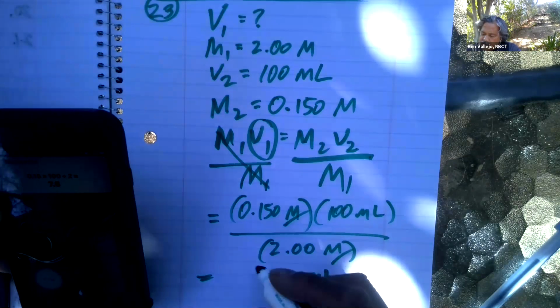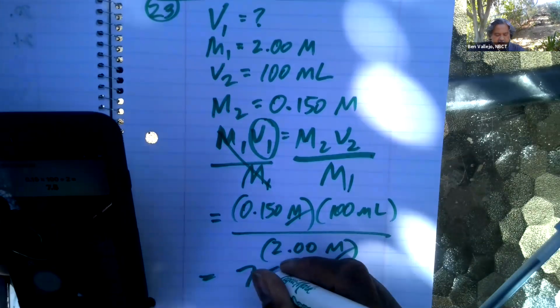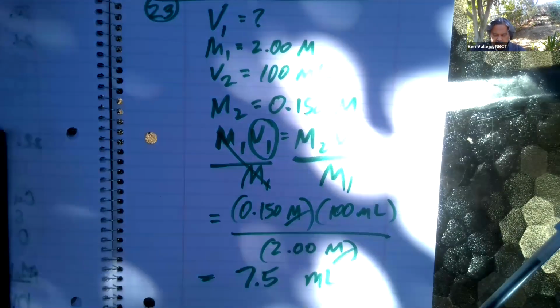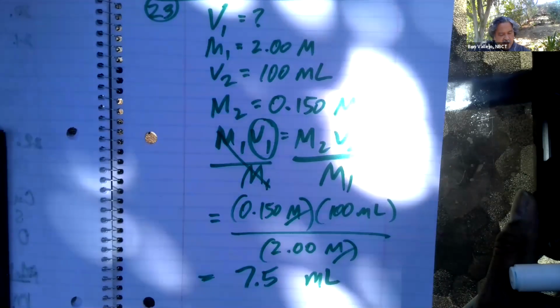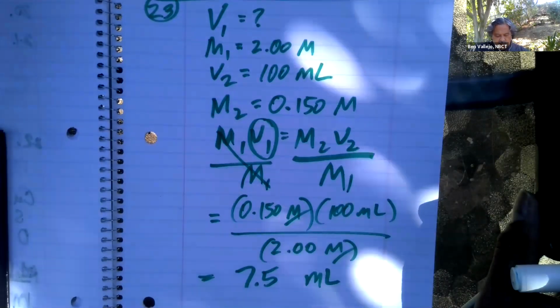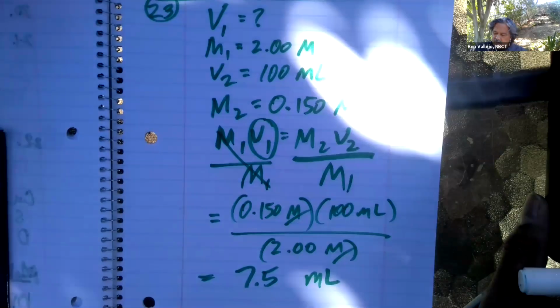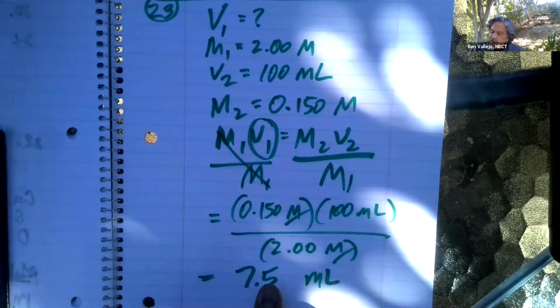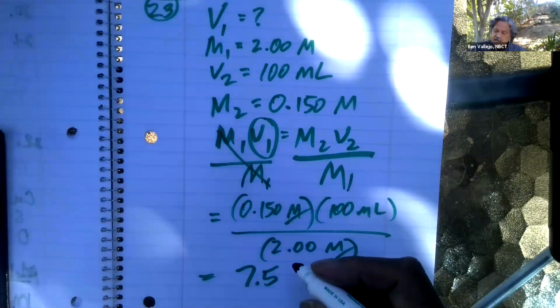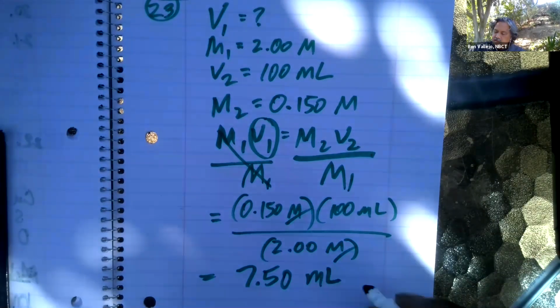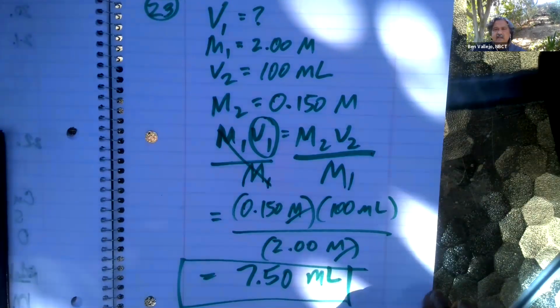The answer is 7.5 milliliters. But if you'll notice, there are 3 sig figs all the way across, so I've got to change that to 7.50 milliliters.